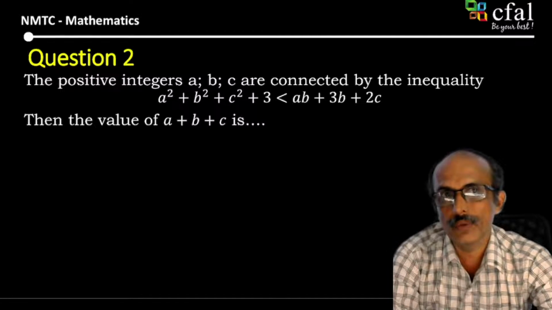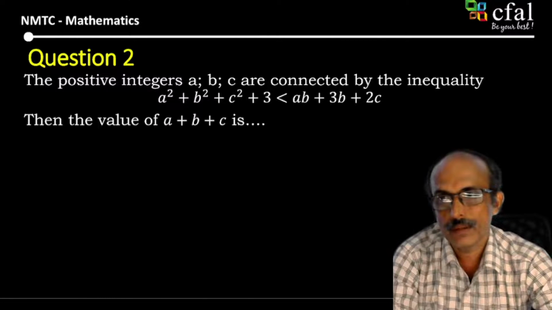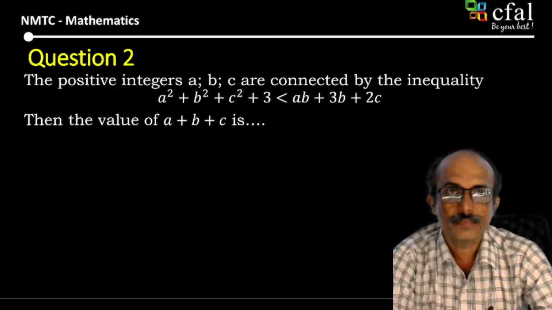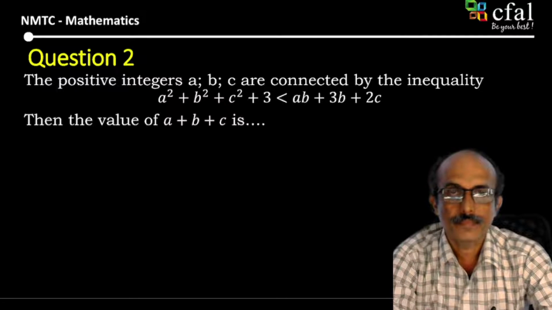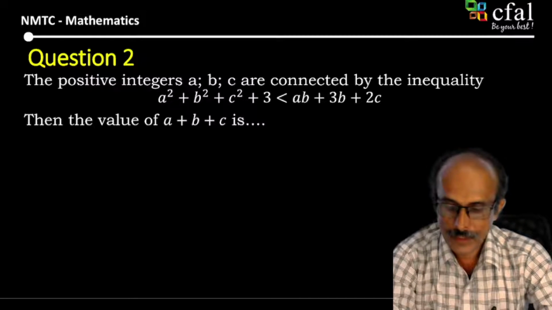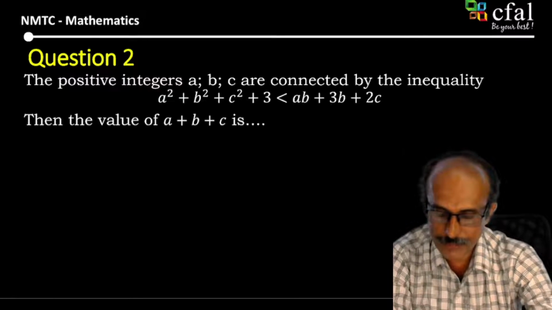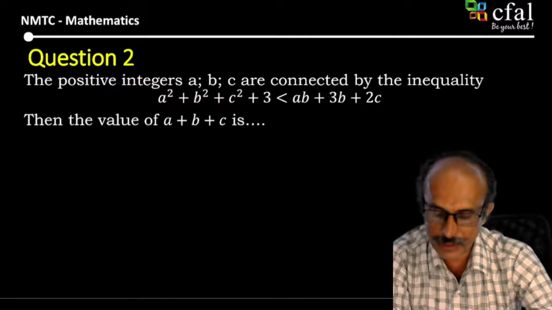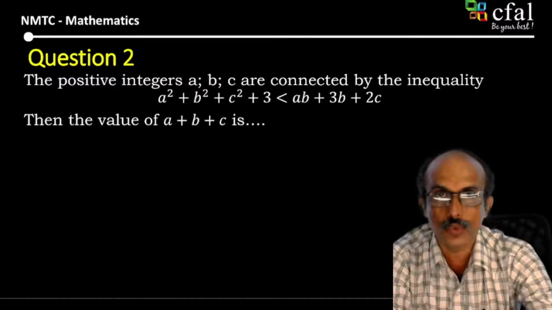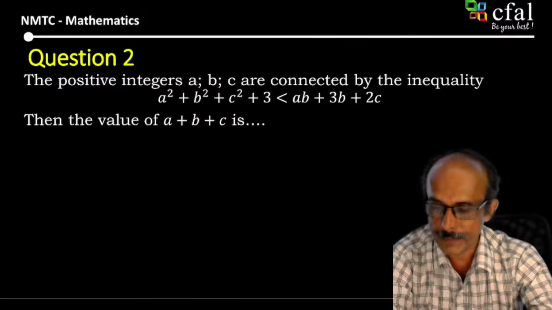So accordingly we are going to find out this a plus b plus c. So directly we don't see any information about a, b, c. So let us try to rewrite or manipulate this to get some information about a, b, c.